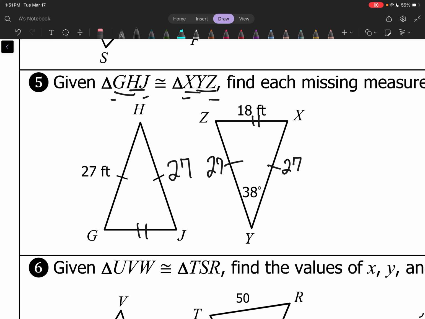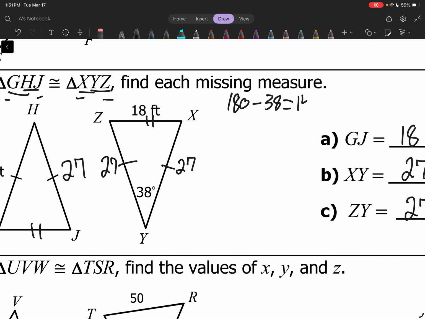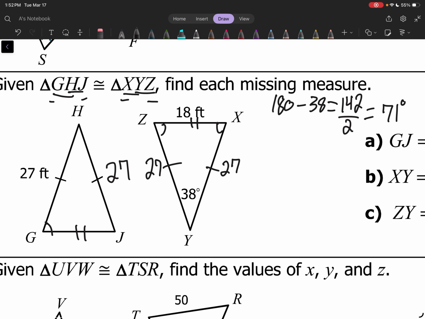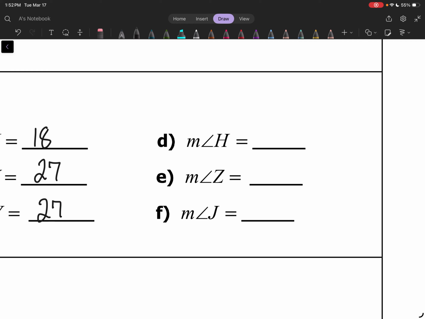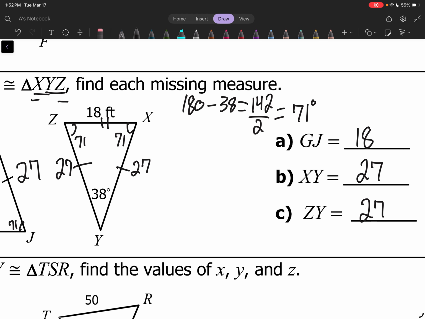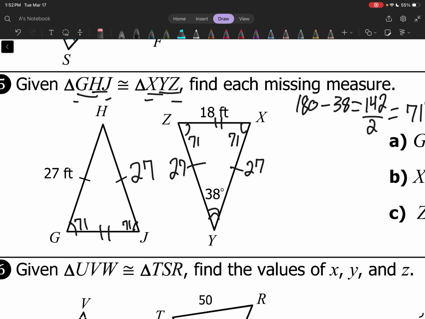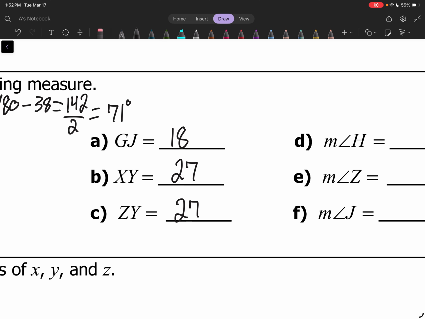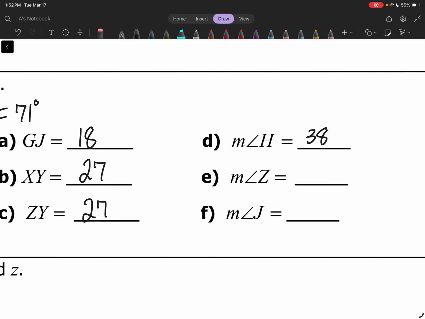And I know I can find this by doing 180 minus 38 degrees, which is equal to 142, divided by 2. 71 degrees for X and Z, which is the same as G and J. They're all 71. H is 38. Z is 71, J is 71. Finished.